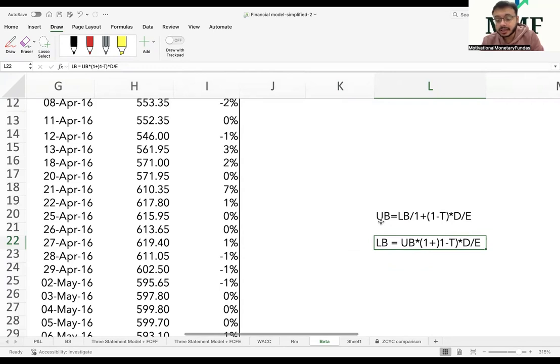And if you want to calculate the unlevered beta from the levered beta, the formula is just a reversal: levered beta divided by 1 plus (1 minus tax rate) into debt by equity.